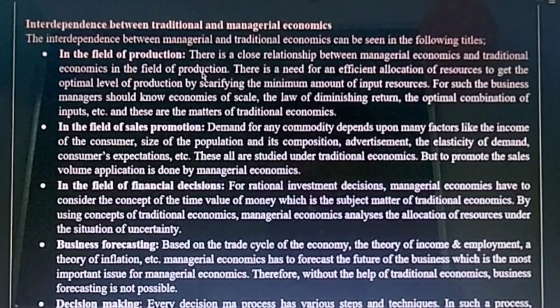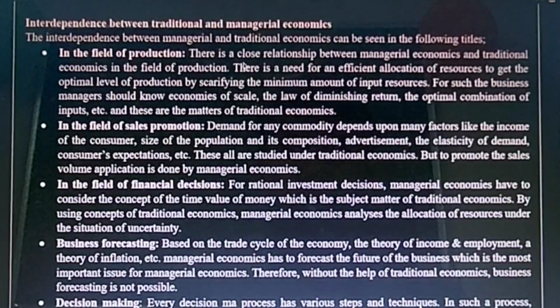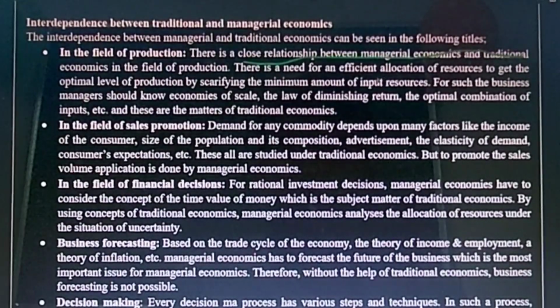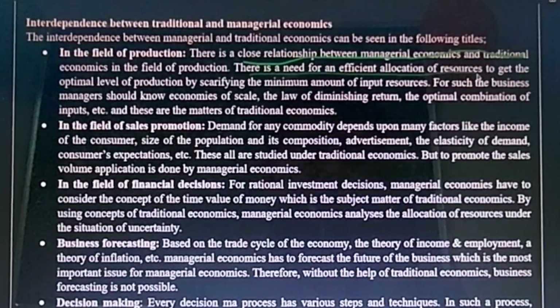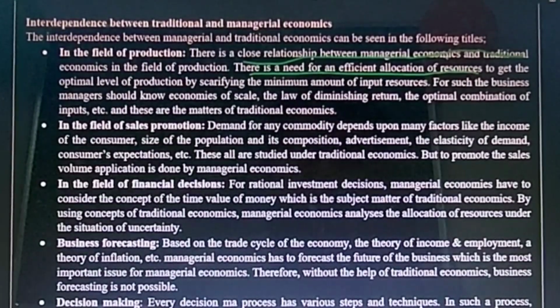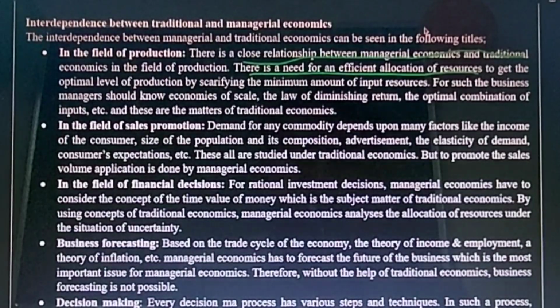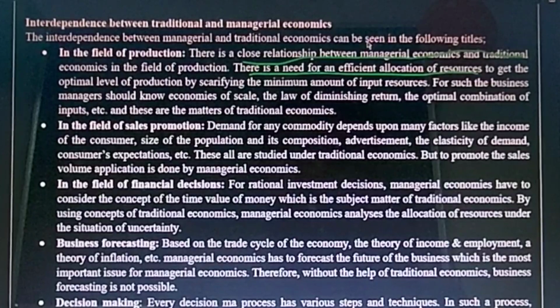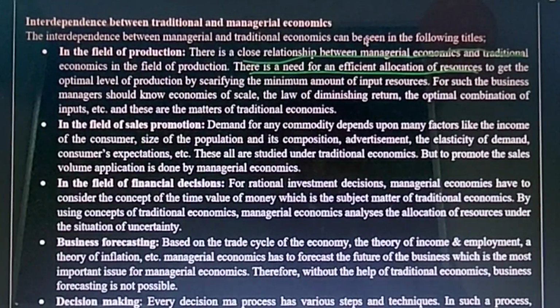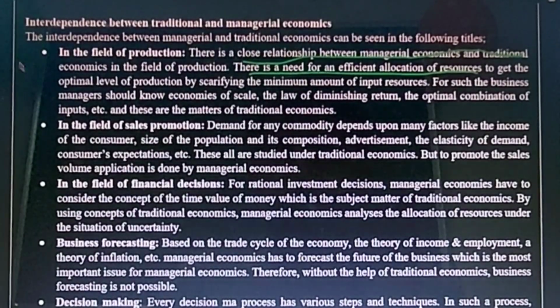Now in the field of production, there is a close relationship between managerial and traditional economics. There is a need for efficient allocation of resources to get maximum level of production activity. So both the economics act simultaneously in the field of production.